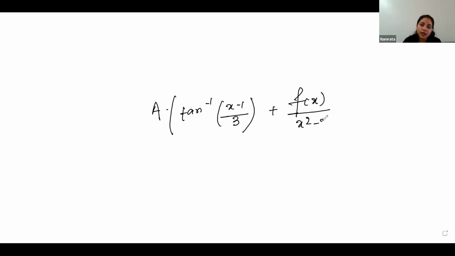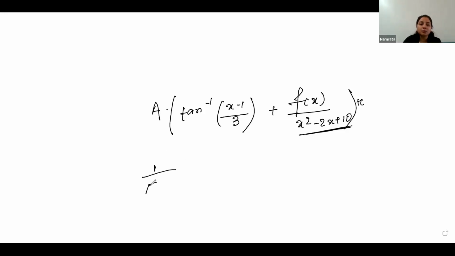okay, we are trying to write it in this format: a tan inverse (x minus 1) by 3 plus f of x over x square minus 2x plus 10 plus c. We were already getting this x square minus 2x plus 10 in the denominator as our first term.